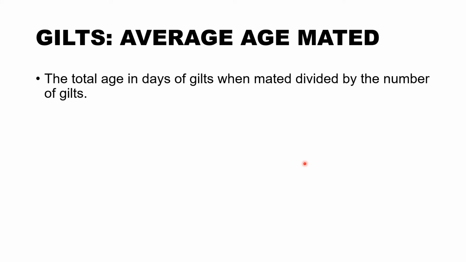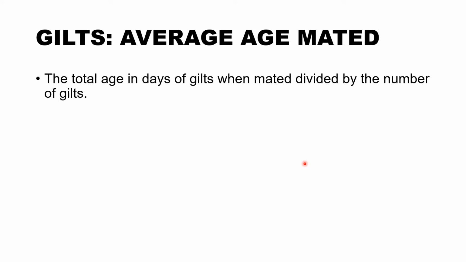Then, for gilts, you have what they call average age mated. So, the total age in days of gilts when mated divided by the number of gilts.